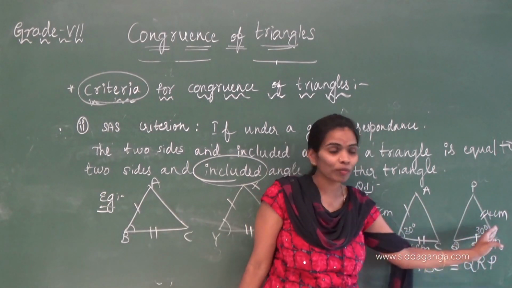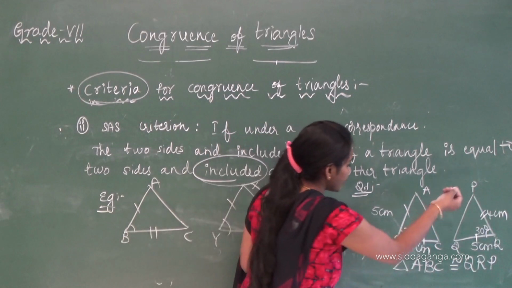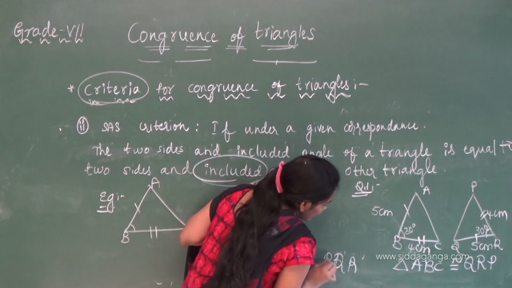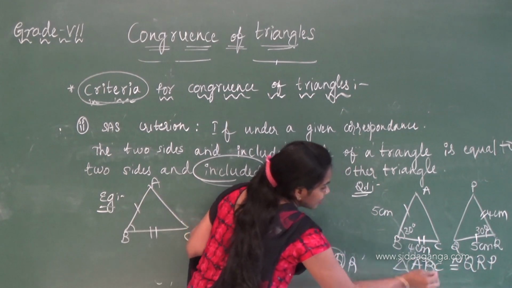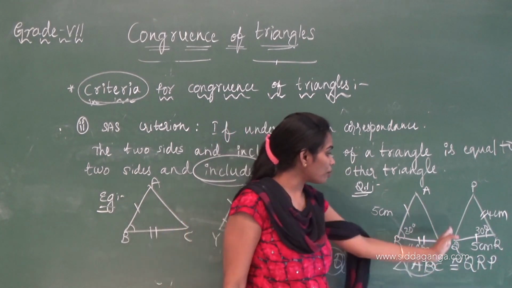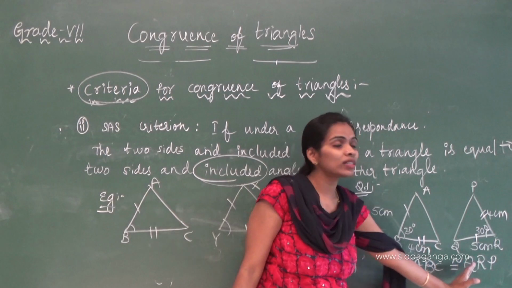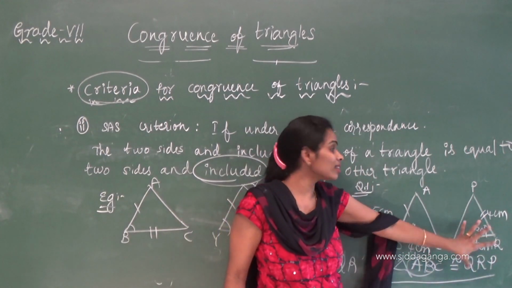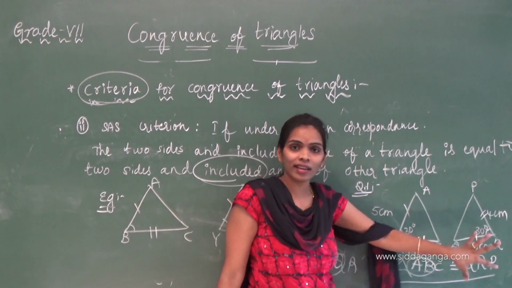Then we can't tell that these two are equal. We just have to check according to the correspondence and write. Otherwise, flip or turn this triangle, then you can easily write. Okay.